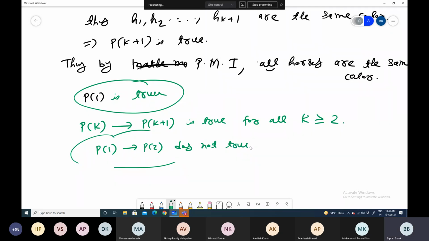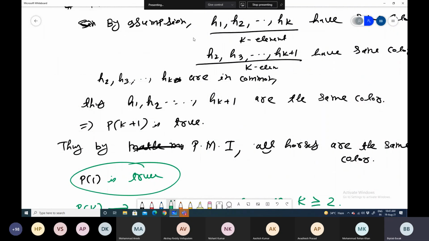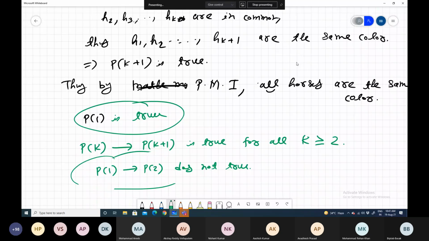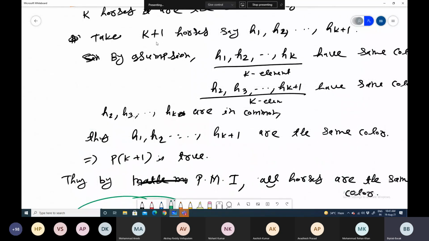So the argument we have given is not true, because if we have k equal to 1 and k plus 1 equal to 2, then we have h1 with the same color, only a singleton set, and also h2, that singleton has the same color, but they do not have any common element. So this intersection is actually empty.